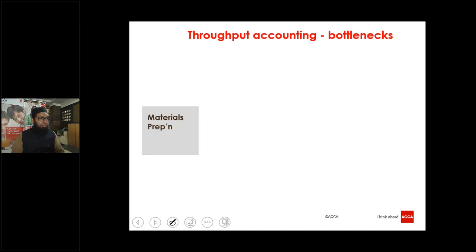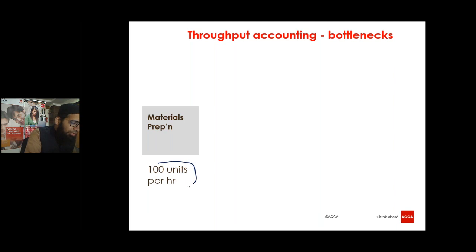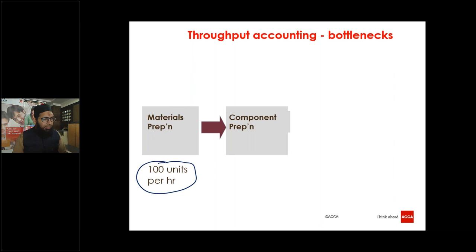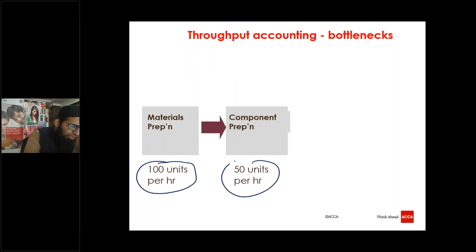Now, let's see the concept of throughput accounting, the bottleneck resource. We have three different divisions. First is material preparation, which can produce 100 units per hour. Then we have component preparation, which can produce 50 units each hour.